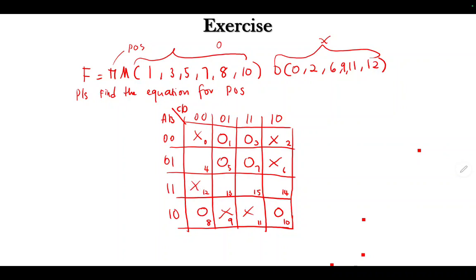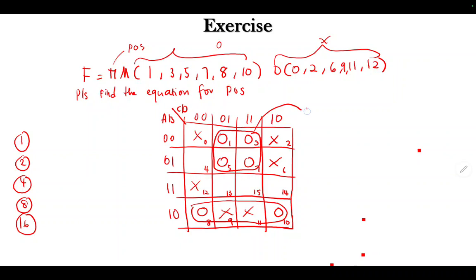By looking at this, how do you do a grouping? Remember that don't care means don't care. So you can do a group of 1, 2, 4, 8, 16. You can do a group of 4 here, and then a group of 4 here. The rest of the X is okay to leave because I don't care, right? So for equation number 1, you compare here, here, here, and here.